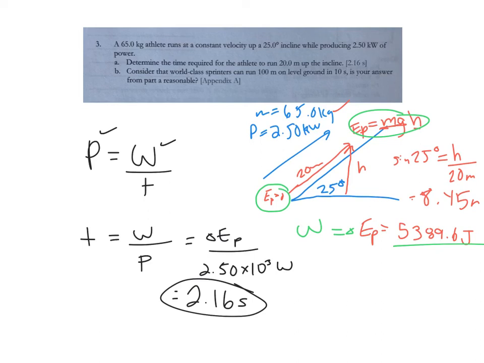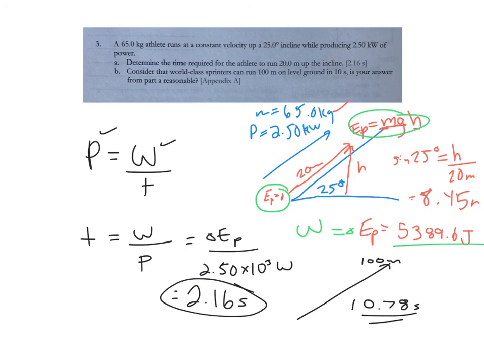If I times it by 5, it would be about 10.78 seconds. So if I were to go 100 meters up this incline and able to put out that same amount of power, that would be 10.78 seconds. So whether it's plausible or not, that's maybe for you to decide.